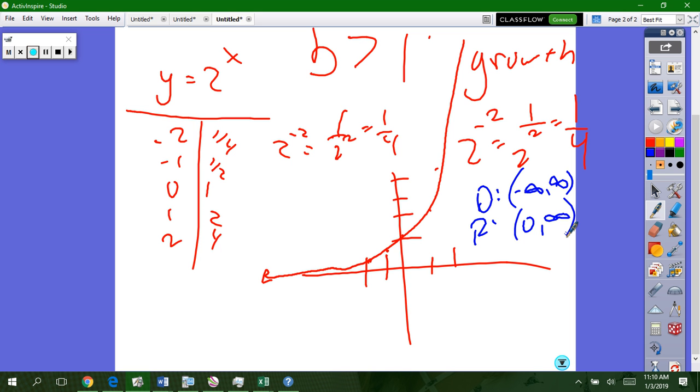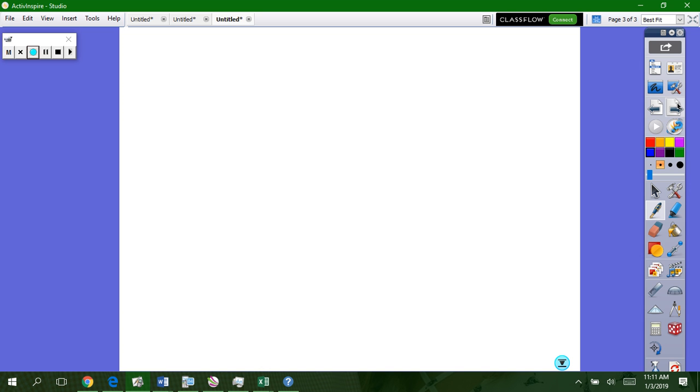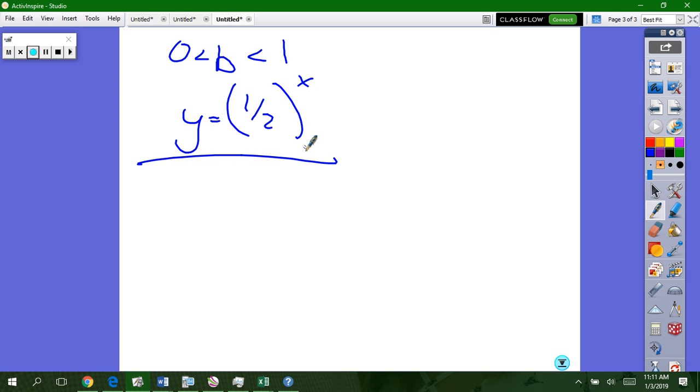Okay, so what will an exponential decay look like? Remember that when your b value is less than 1 or greater than 0, so let's just do a half of that there. We're okay with that?